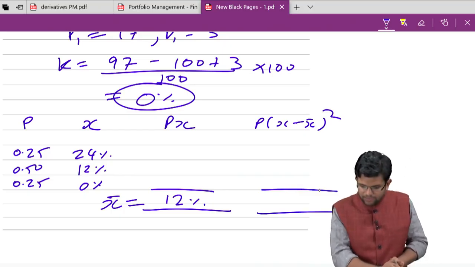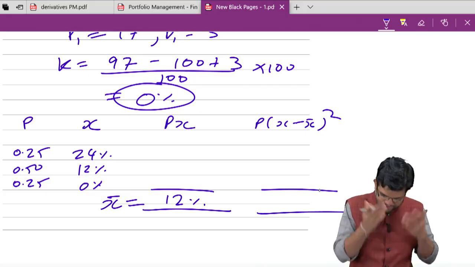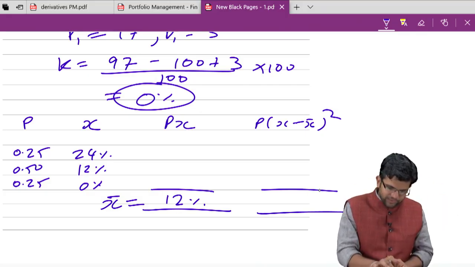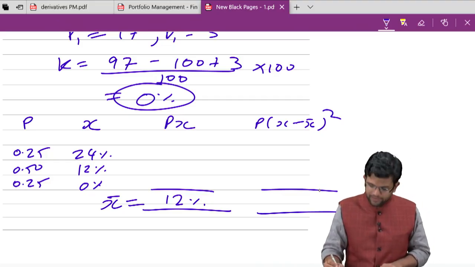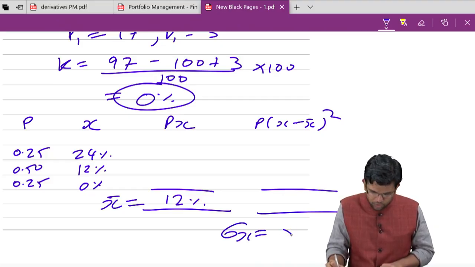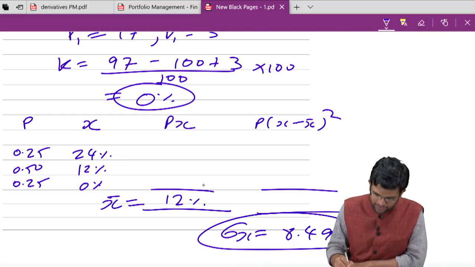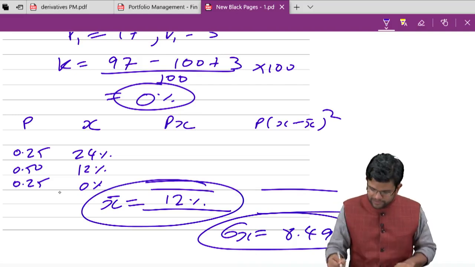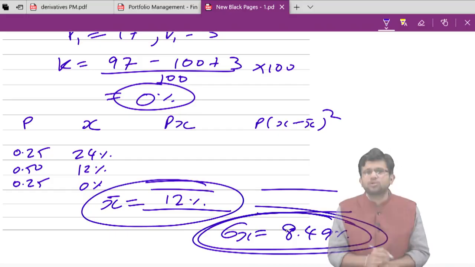So (x minus x bar) the whole square into P: 24 minus 12 into 0.25 plus 12 minus 12 into 0.50, that is 0 only, then 0 minus 12 into 0.25, and then I root it, I get 8.49%, right? So sigma X comes to 8.49%, which means, students, we have X bar, expected return of this share is 12% and the risk of this share is 8.49%. Till here your story is clear.